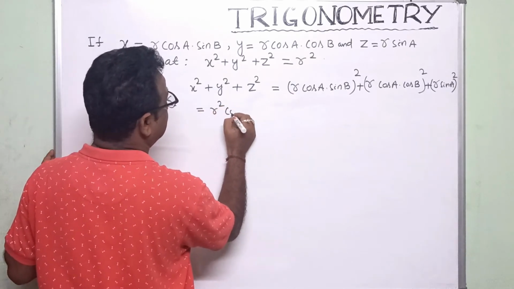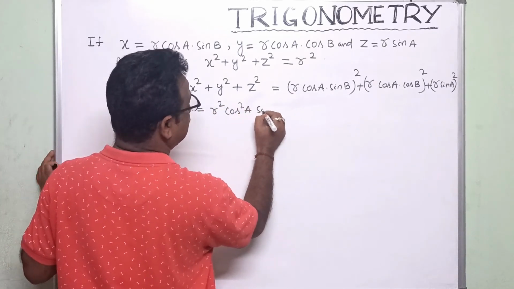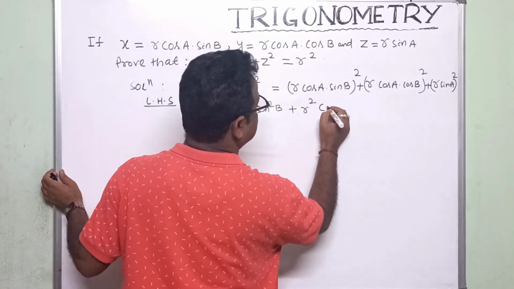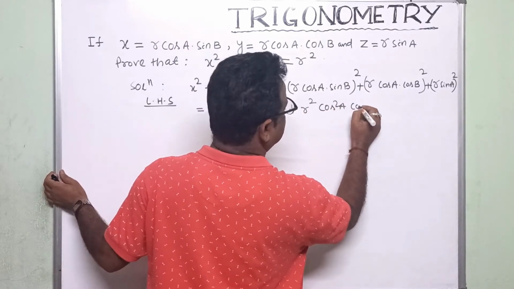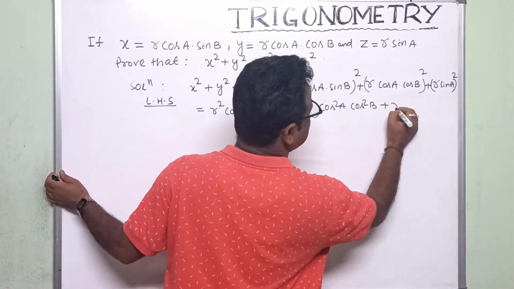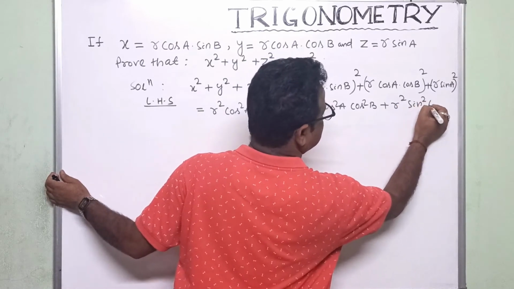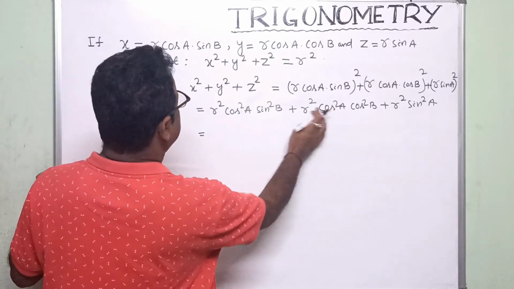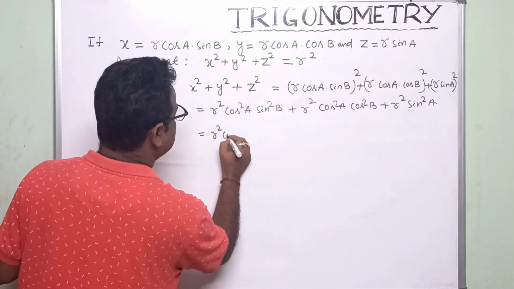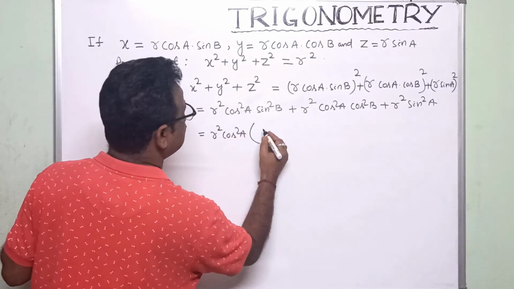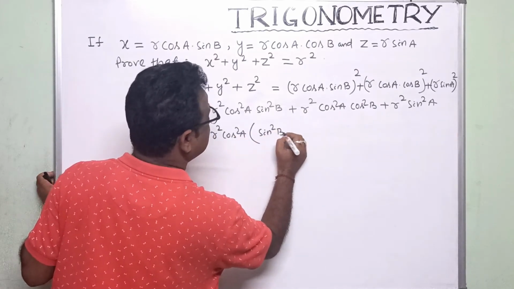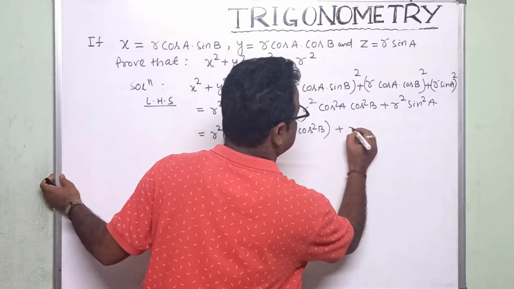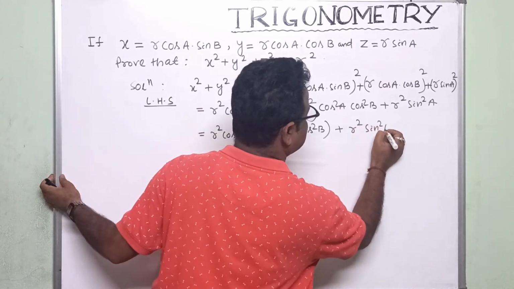R square cos square a sin square b plus r square cos square a cos square b plus r square sin square a. Okay, that equal to, see here common is there, cos square a r square. So r square cos square a common, we will get sin square b plus cos square b, plus r square sin square a.